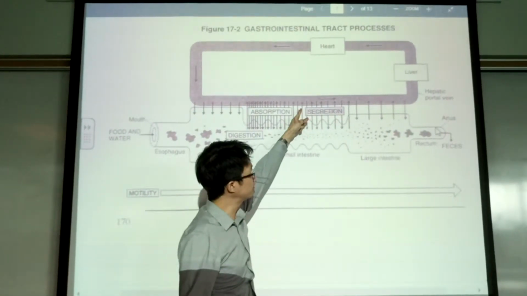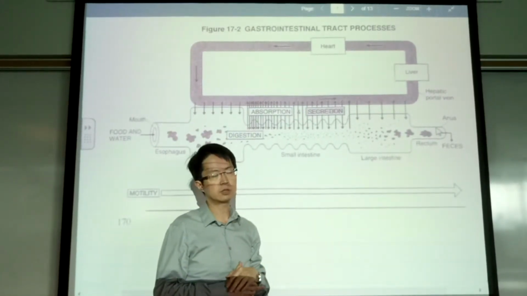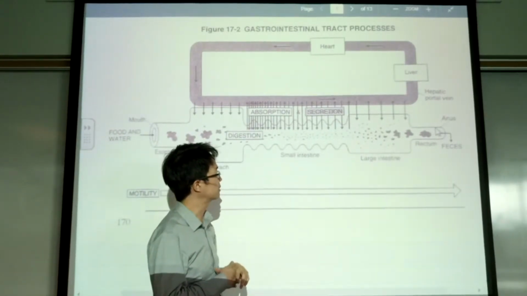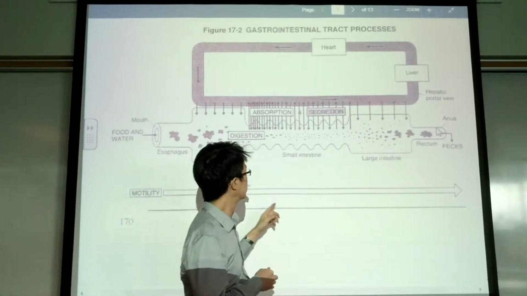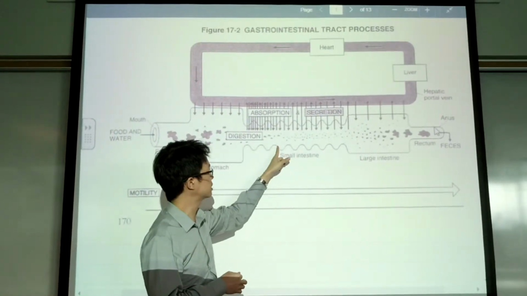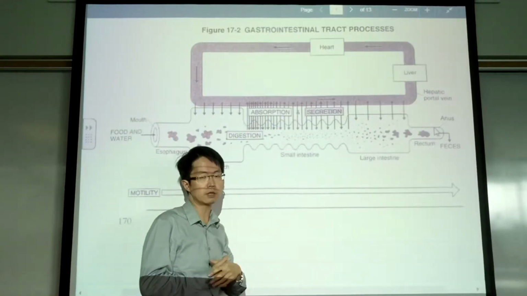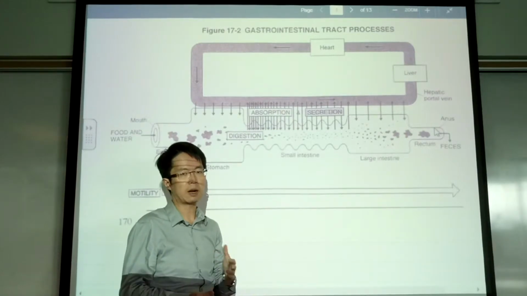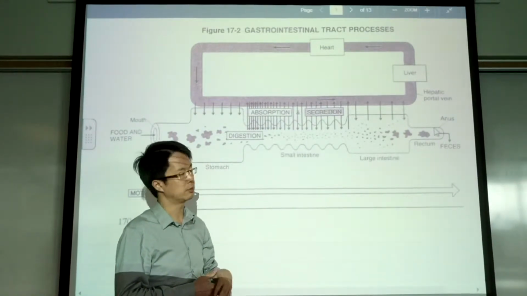In the bloodstream, we can also have secretion. For example, the bloodstream can secrete water to the small intestine. And actually, along the small intestine, at the early part of the small intestine, we also have the pancreas. The pancreas can secrete pancreatic enzyme and also bicarbonate ion to the small intestine.